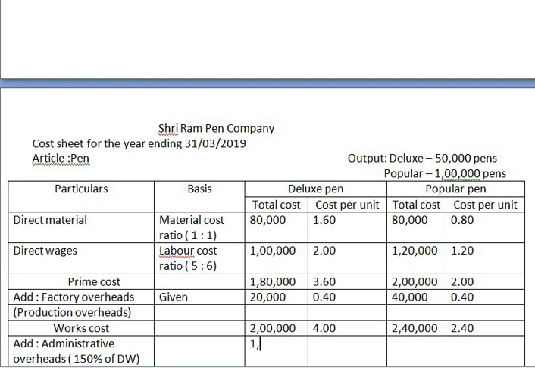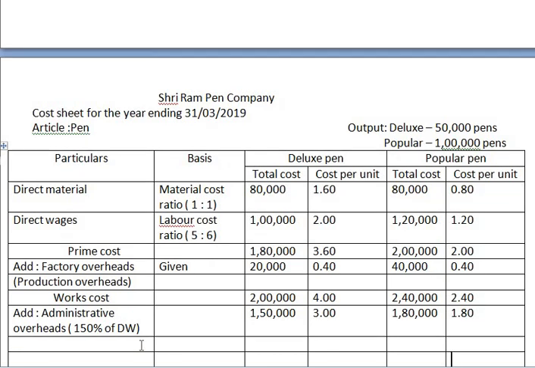So that will be 1,50,000 and this will be rupees 3. And here 1,20,000 into 150%, so that will be 1,80,000, that is 1.80. Okay, yes.